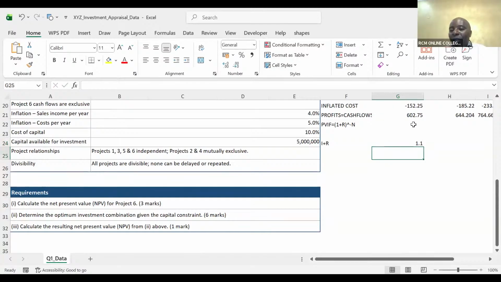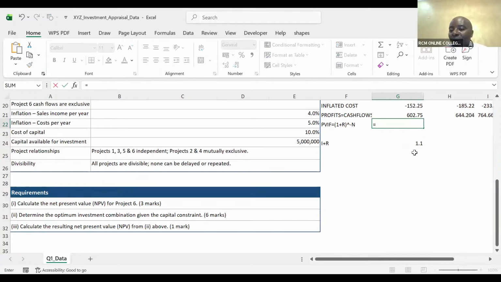And then come now here. So I will say equals, I pick this 1.1 that I've been able to do separately. That 1.1 is going to remain constant throughout. And the constant factor, anything that is constant, respect it by dollarizing it. So in this case, function F4 like that.